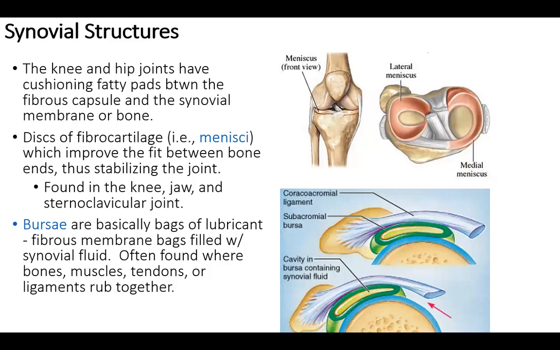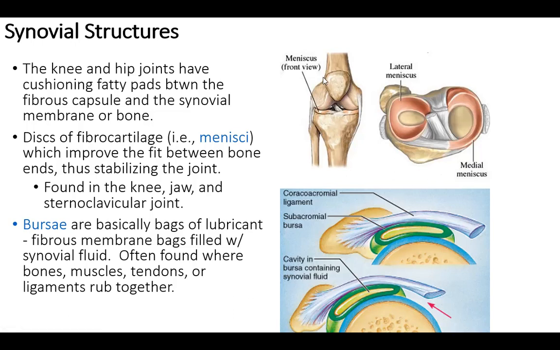We have cushions between the capsule and the ligaments and the tendons. One of the first things we encounter when we're looking at these structures are the pads of fibrocartilage called the meniscus. The meniscus is a pad that we see here.